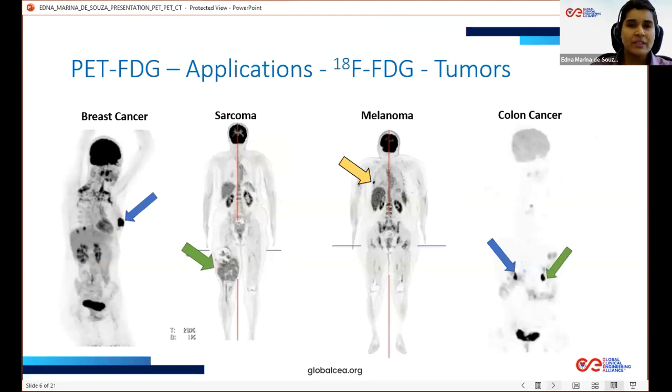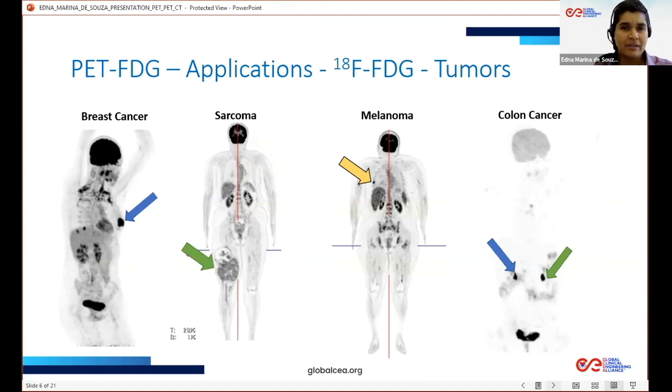So considering that tumors in general have a higher glycolytic activity when compared to normal tissues, the FDG is increasingly used for detection and follow-up of a lot of tumors and many types of lesions, right?